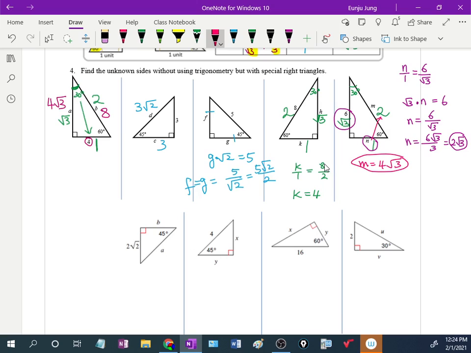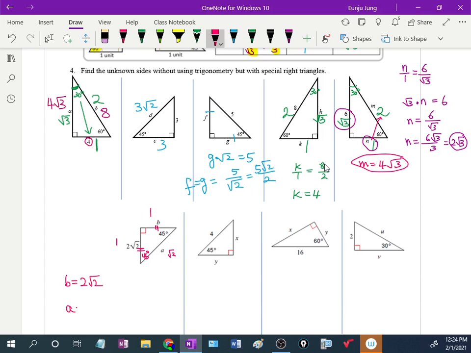Next question below, I have a 45 degree special right triangle with a 90 degree angle here. So the ratios are 1, 1, root 2 times longer here, right? So what would be the measure for B? Same as this, right? So I will go with the same number on it. That's right.